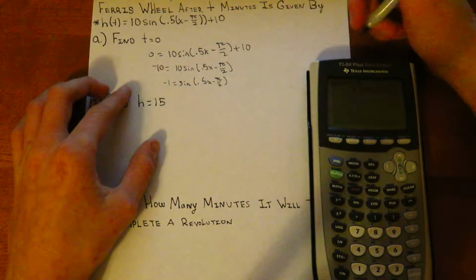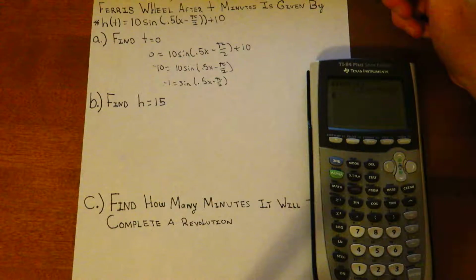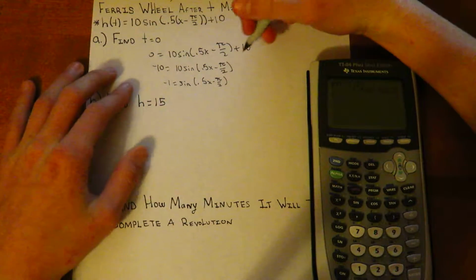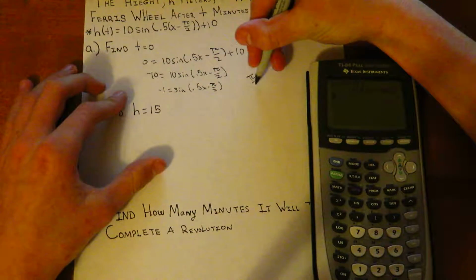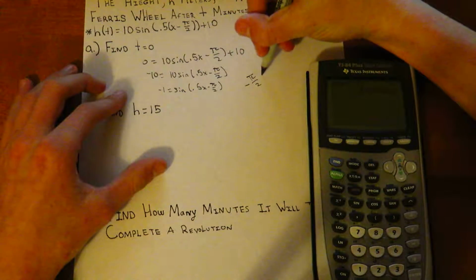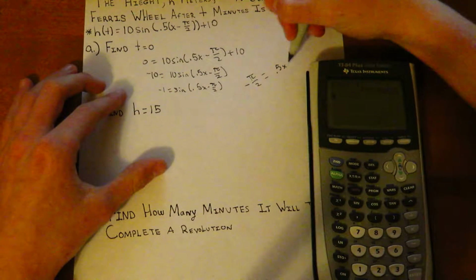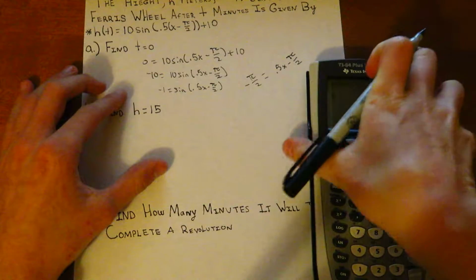So we know that negative 1.57 is equal to negative pi over 2, because pi is equal to 3.14, and we can tell that 1.57 is half of pi. So to make it easier, negative pi over 2, because that's a negative number, is equal to 0.5x minus pi over 2.